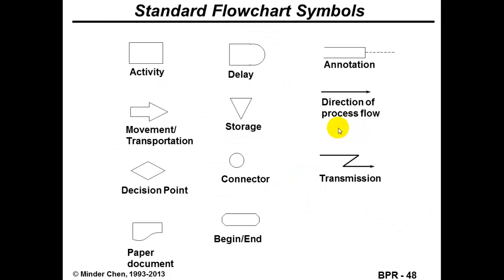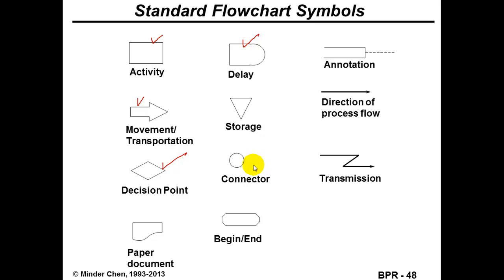The following is a standard set of flowchart symbols for system flowcharts. The industrial engineer usually uses these to depict a business process. The commonly used ones are the rectangle for activity, the symbol for delay. This is actually movement, transportation, and the decision point is represented by this symbol.